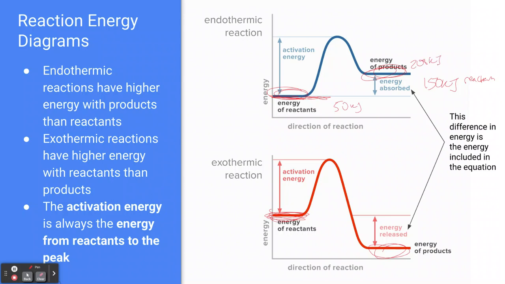In our exothermic reaction, we have our energy as a product. So here we could say that this is maybe 200 kilojoules and this is 50 kilojoules. And so we could say that 150 kilojoules was released. That's how we go about reading how much energy was gained or lost.